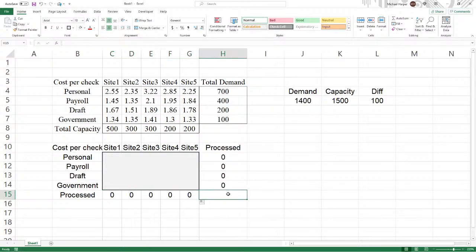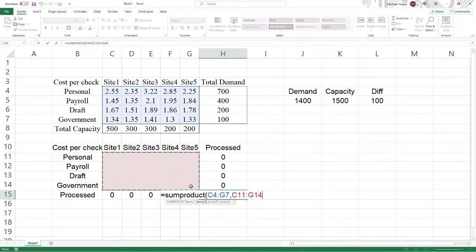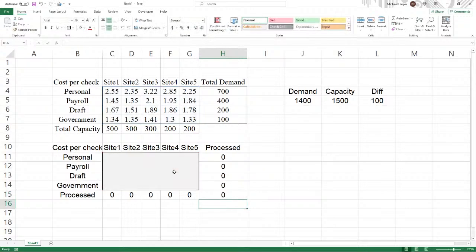Now this right here equals the sumproduct of the cost of each check times how many checks are being processed. So this will equal the total cost. Let's box this in and shade it.